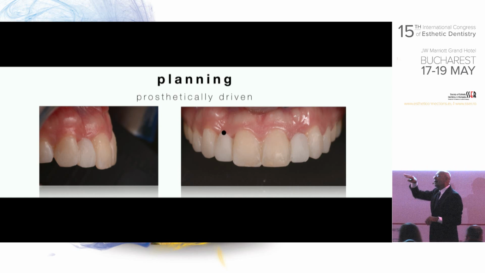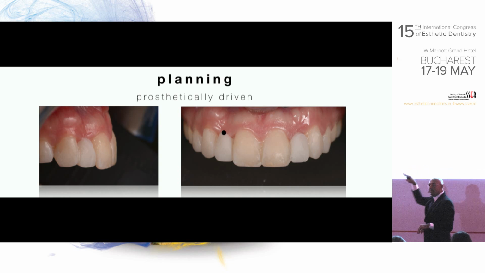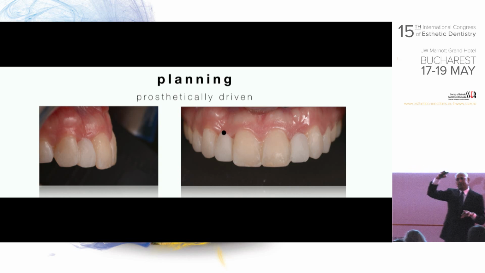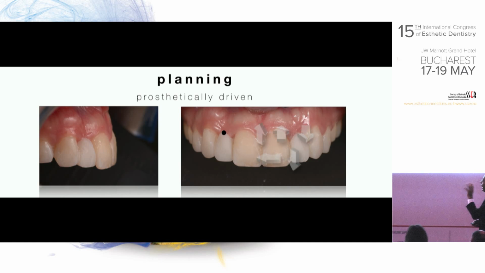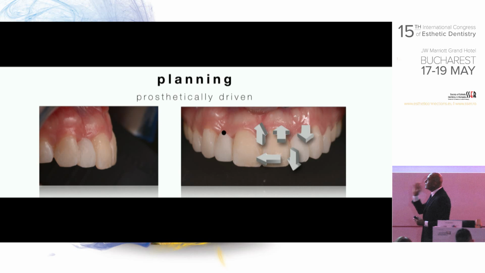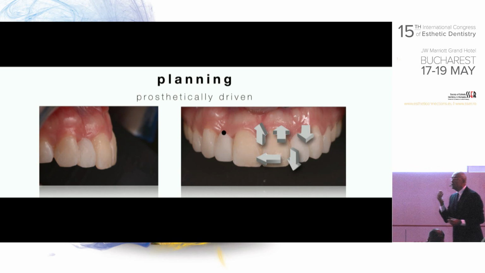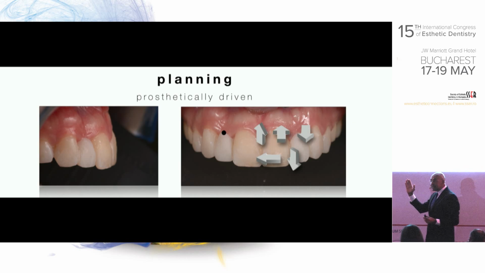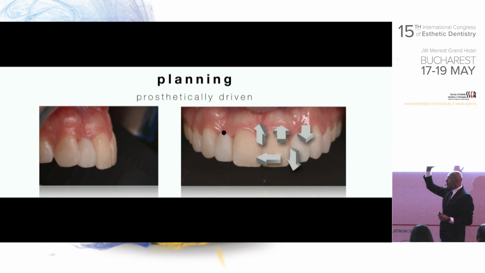It doesn't say it should be 1 millimeter shorter than the lateral, 1 millimeter shorter than the canine, V-shape. No. On top of this, we have this for all 6 dimensions. This tells me where the zenith point should be facially or palatally. It tells me whether it should be distally or mesially, or vertically up or down.